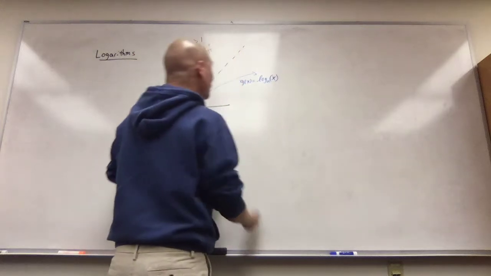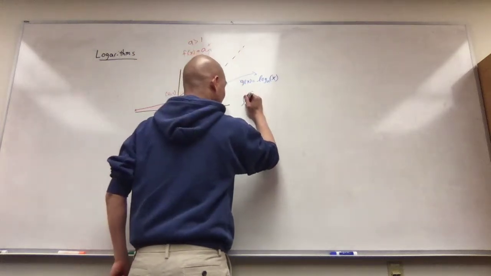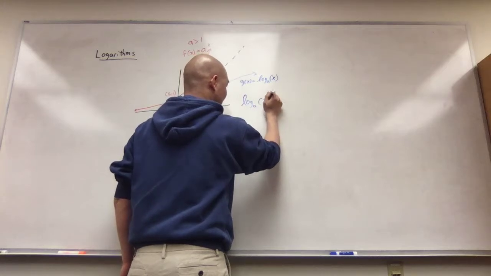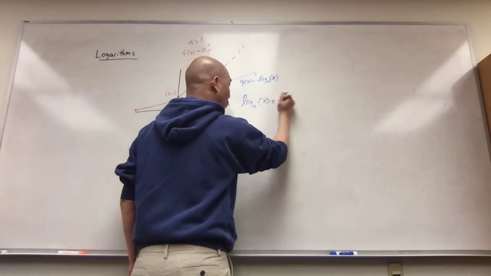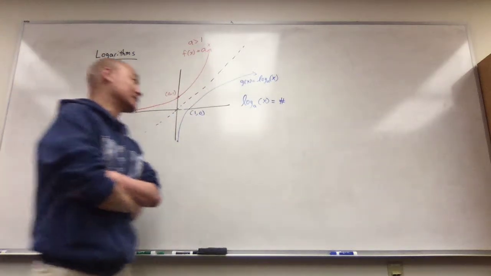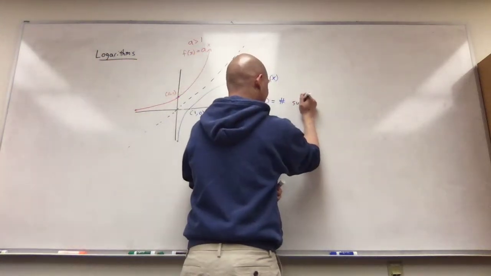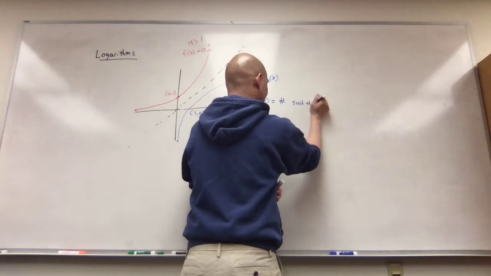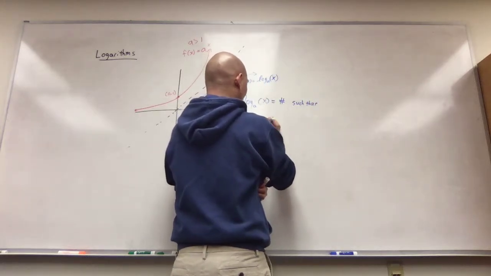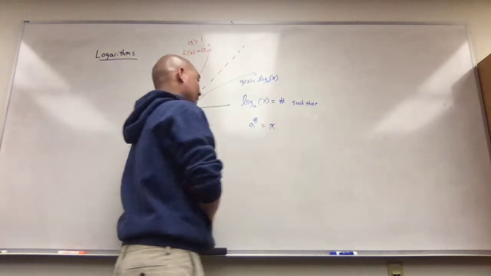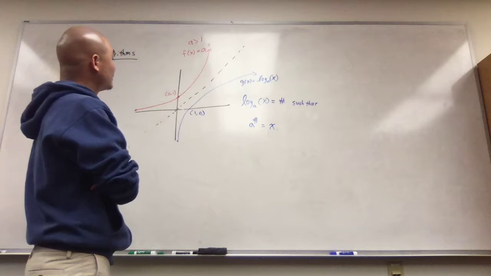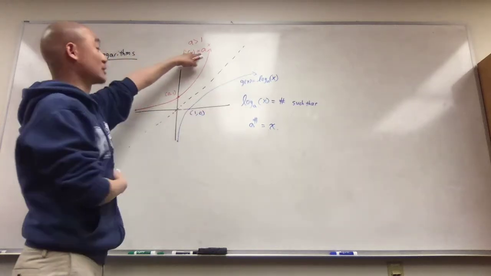So if you take log base a and plug in x, what I get is a number, and that number is the number such that if I take a and raise it to that number, I'm going to recover x. So it's the inverse of a to the x.